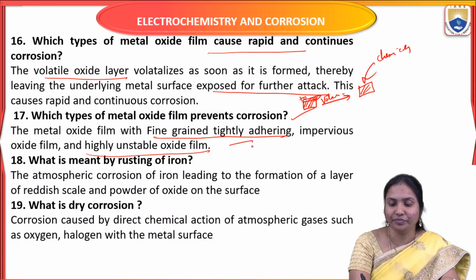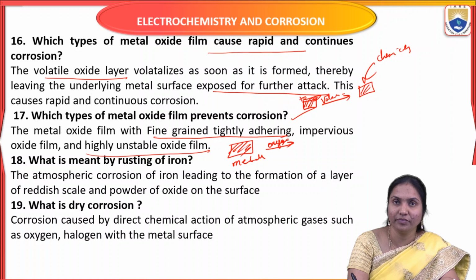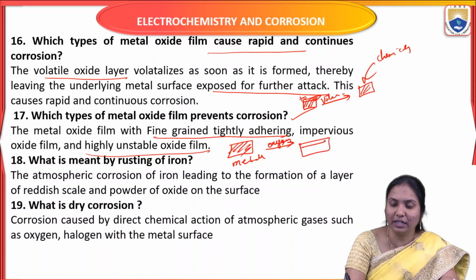For example, take a metal that reacts with oxygen. In this case, it forms a metal oxide layer on the metal surface.